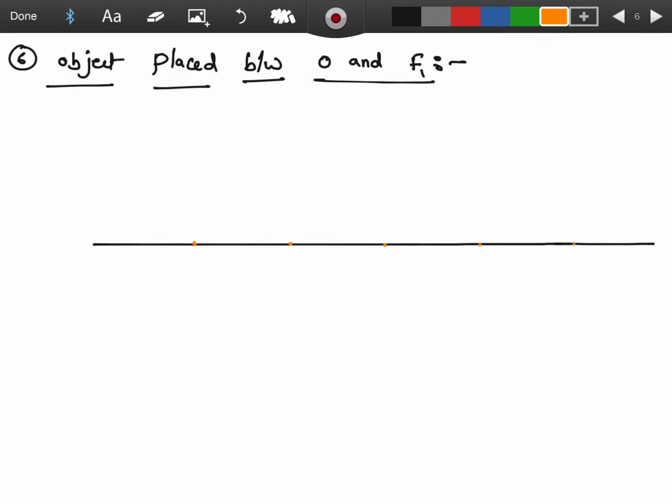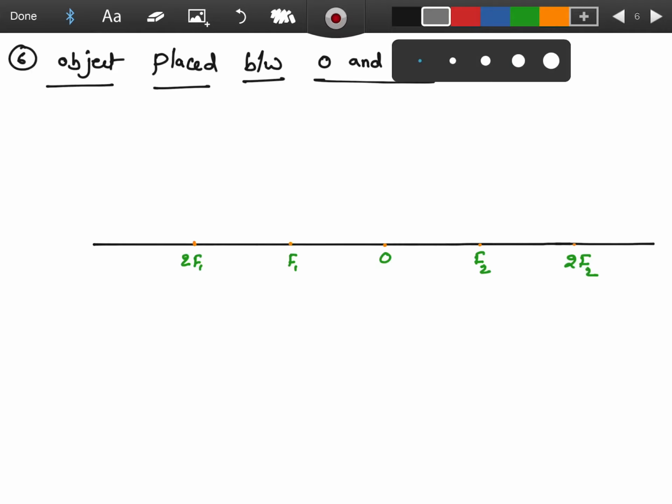This is O, optic center, f1 to f1. This is f2 to f2. Now draw the aperture, a vertical line passing through optic center like this.